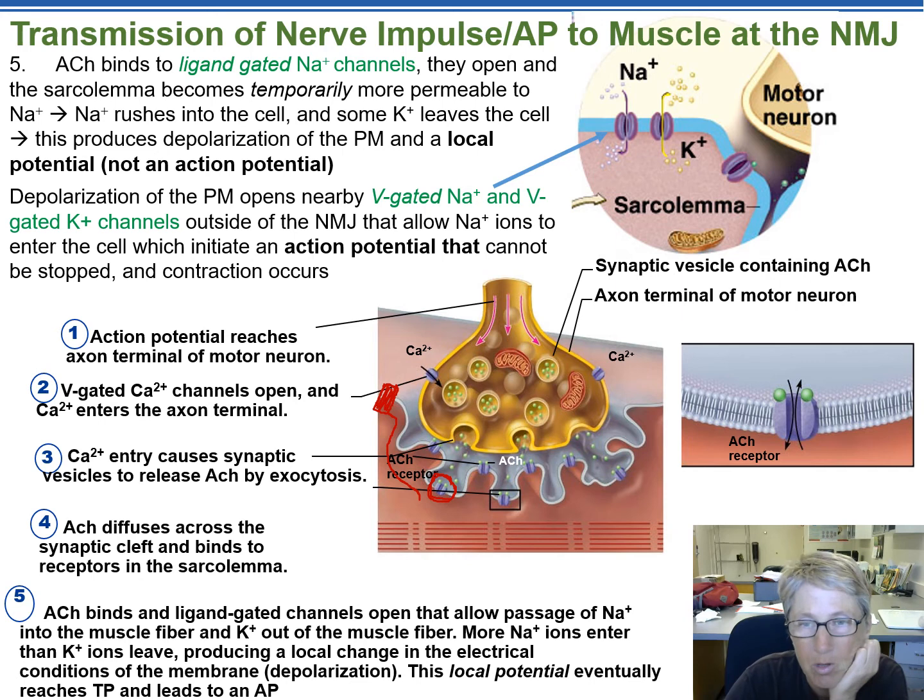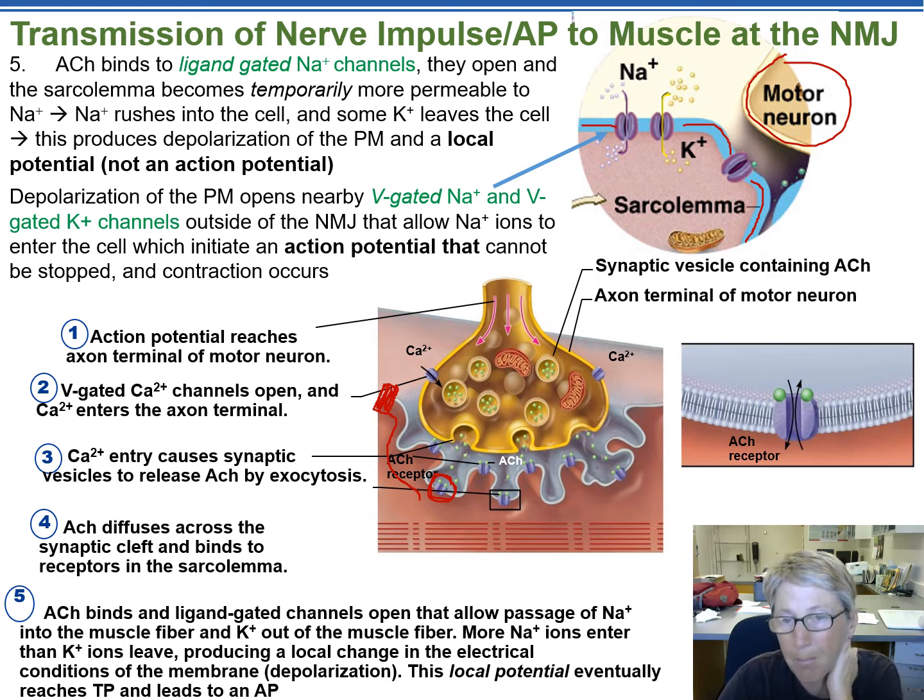And so if you come up to the top cartoon here, it shows, here's the axon terminal of the motor neuron, here's the sarcolemma, or the plasma membrane of the muscle cell, this blue thing, and then here's a mitochondrion. And in this part, when you're outside the neuromuscular junction, so you're not right underneath the motor neuron axon, you have voltage-gated sodium and voltage-gated potassium channels.